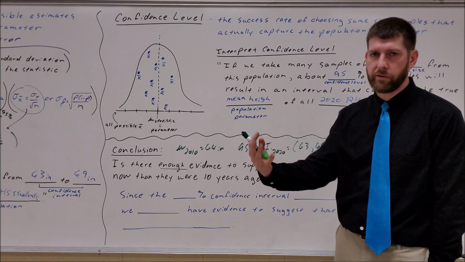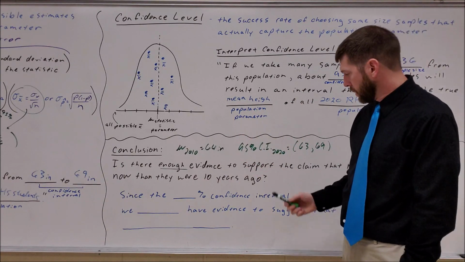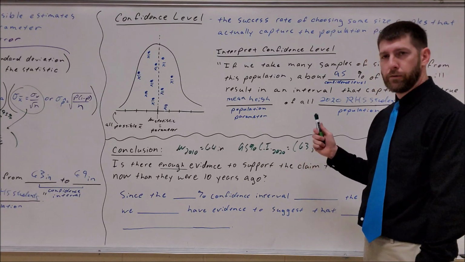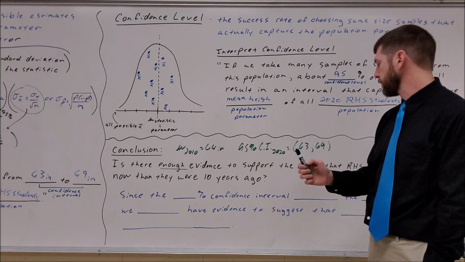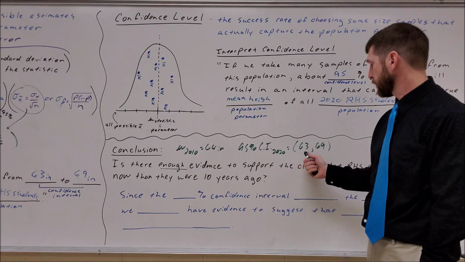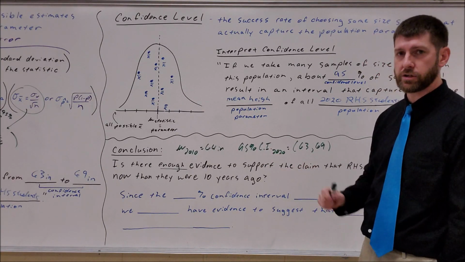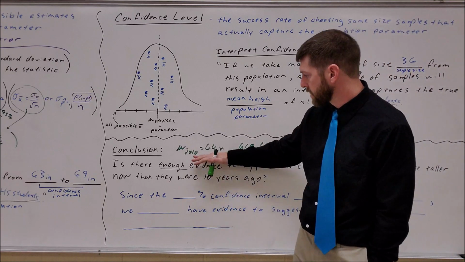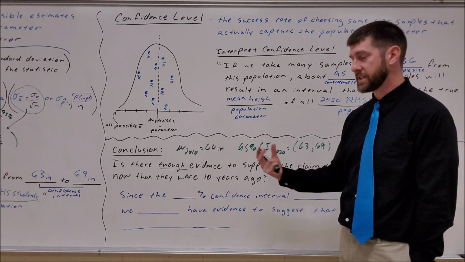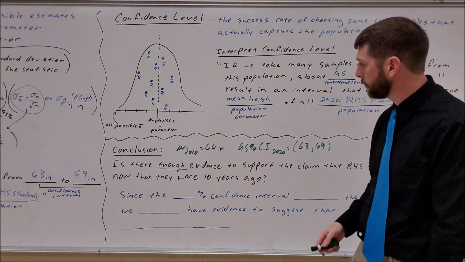Different in the higher direction, but we've got to answer, are they different first? If we're 95% confident that students are somewhere between 63 and 69 inches tall on average, and they were 64 inches tall back in 2010, are they different now?